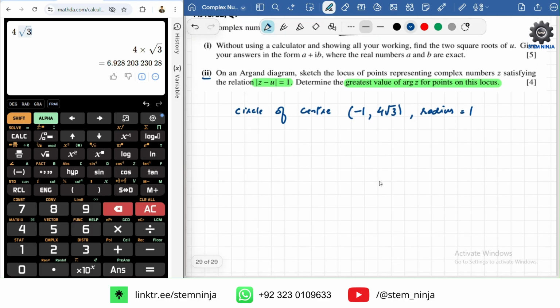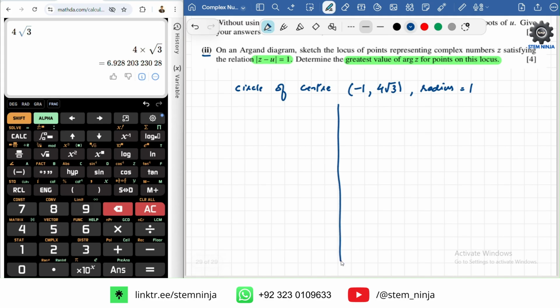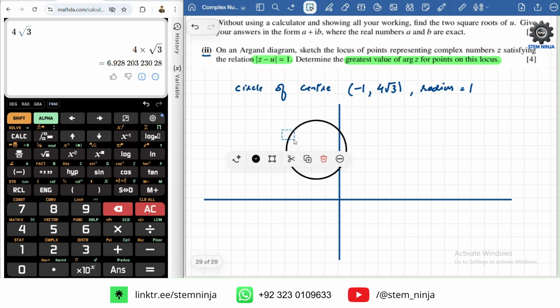And the radius is 1, right? So we just need a basic sketch over there. Since this is at minus 1, its one side will be touching the y-axis, so remember this. So somewhere over here. Okay, we'll make it like this.